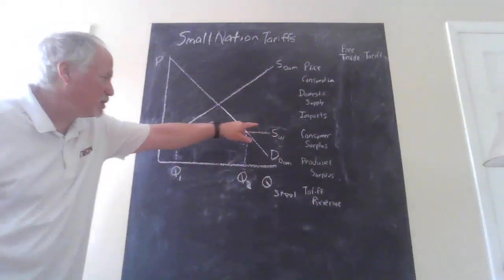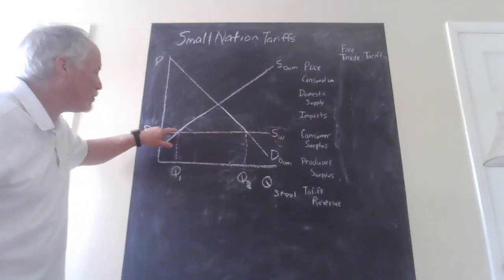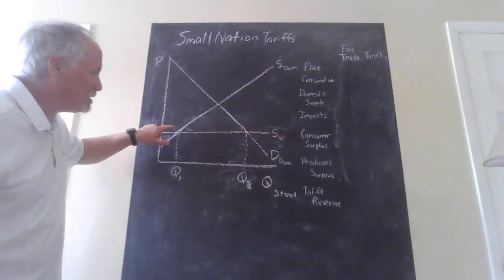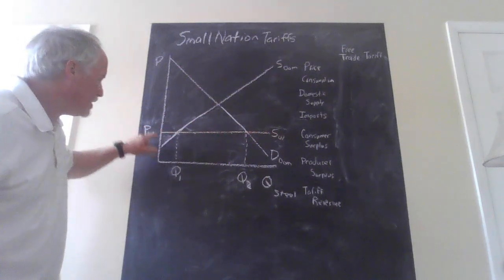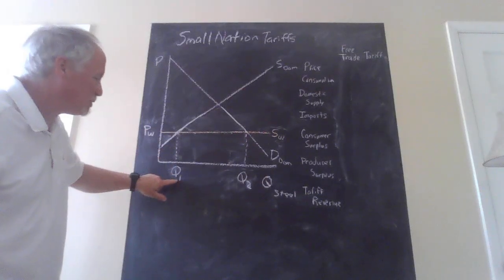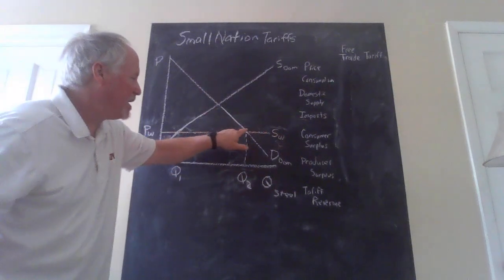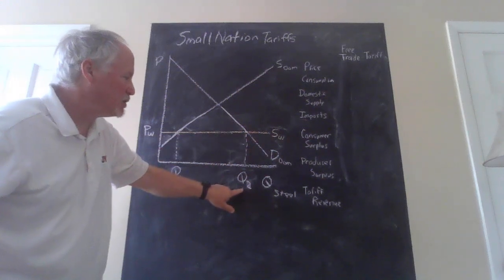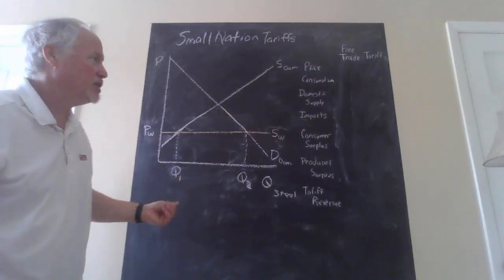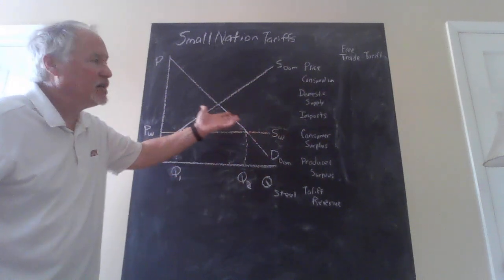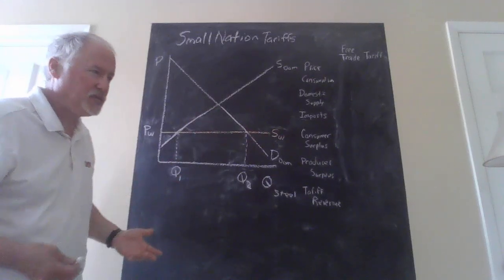So we take the world supply curve, we draw over to the domestic supply curve. That intersects here, so at the price of PW, domestic suppliers want to supply Q1 units of steel, and at this price, domestic consumers want to buy Q2 units of steel, but they can, because we have supply from the rest of the world.